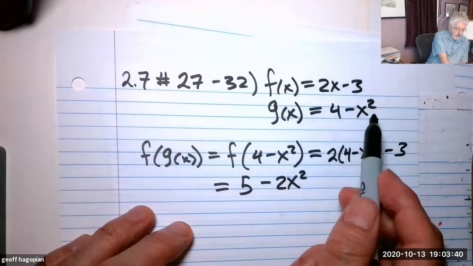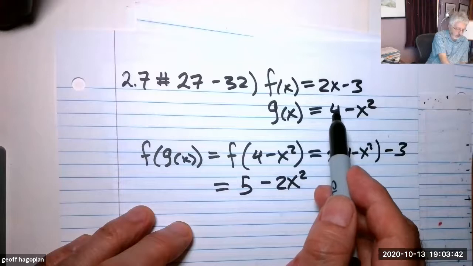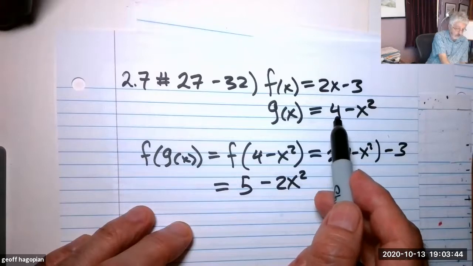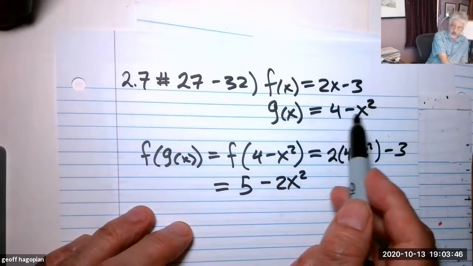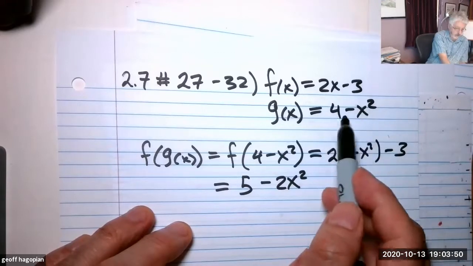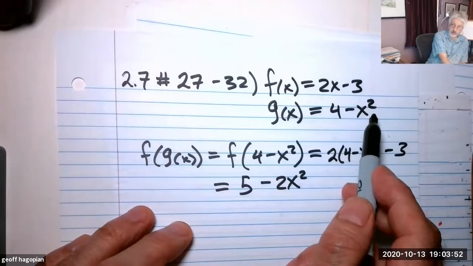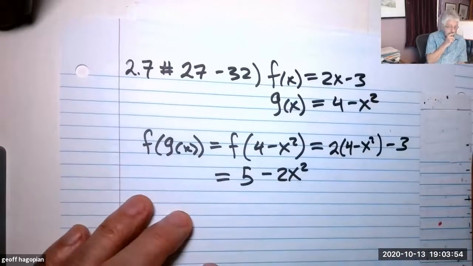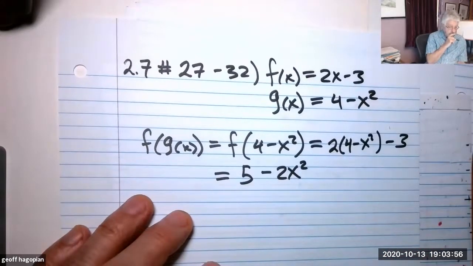The range of g is all numbers up to and including 4, right? But 4 is the largest output we can have because we're subtracting this non-negative number from 4, right? So the range of g extends up to 4. So that's interesting.